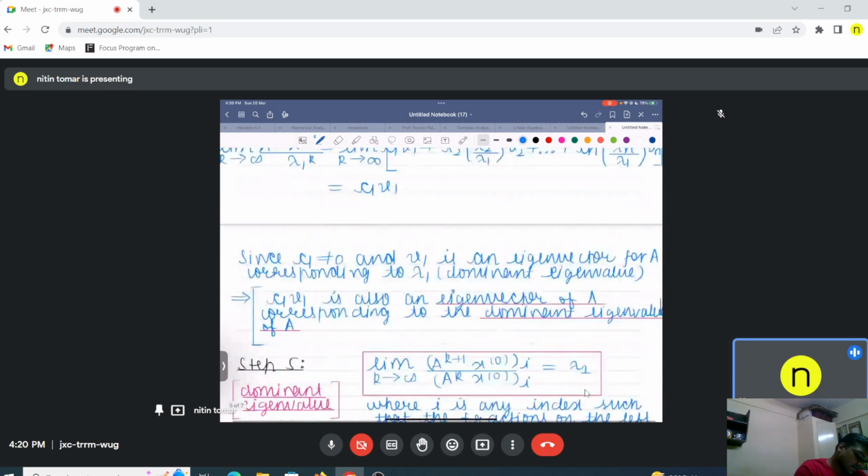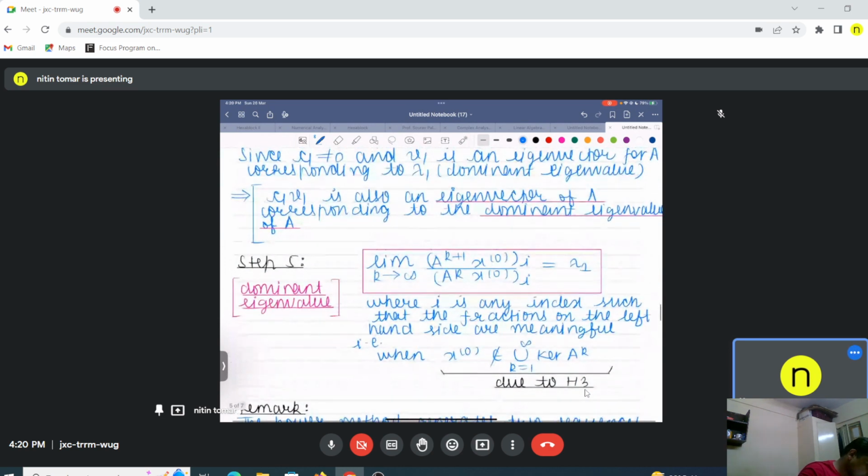Where is this sequence? So this sequence, then this holds.